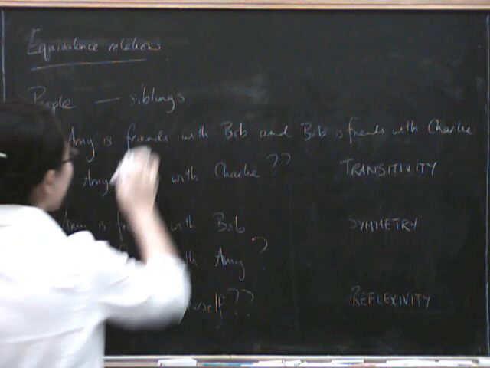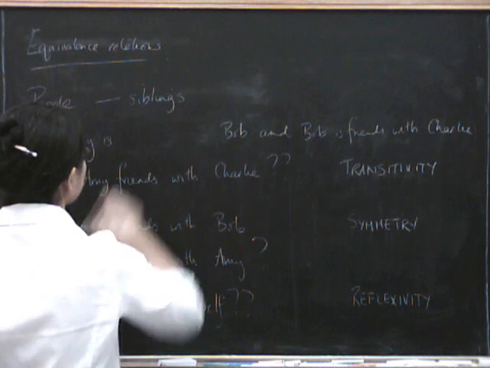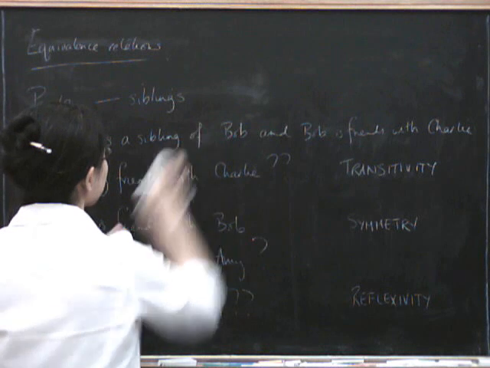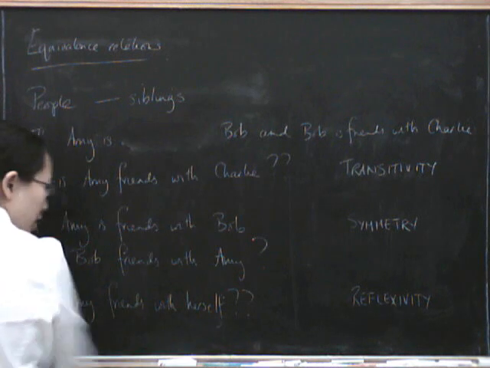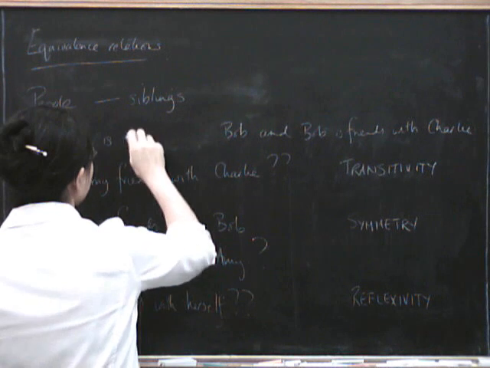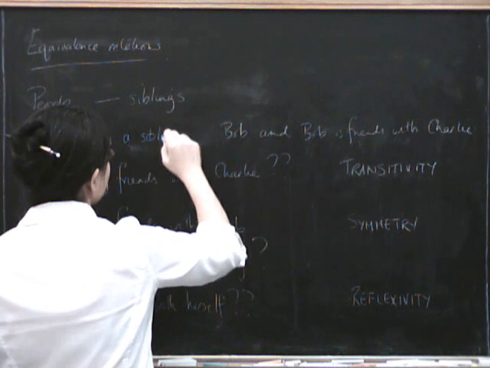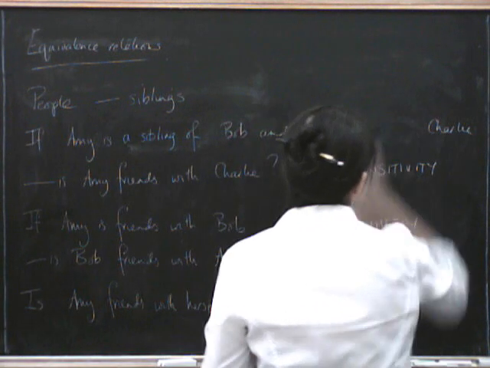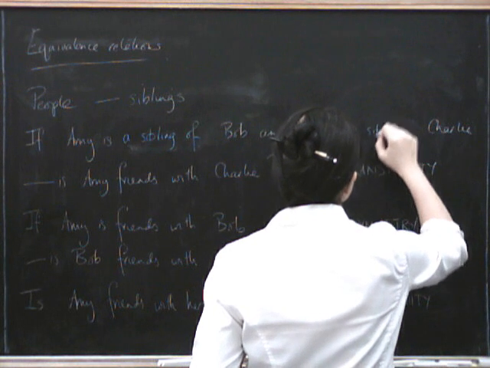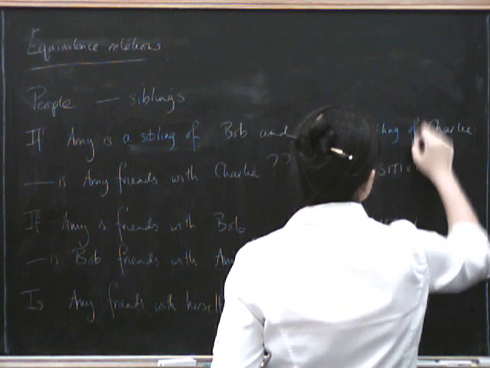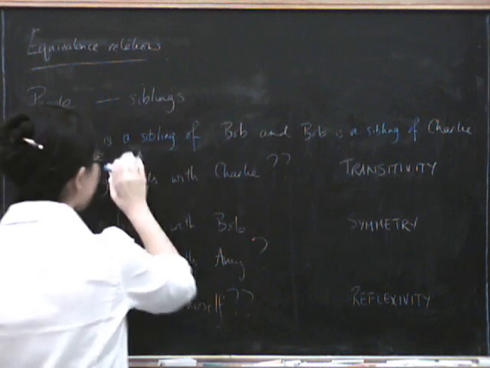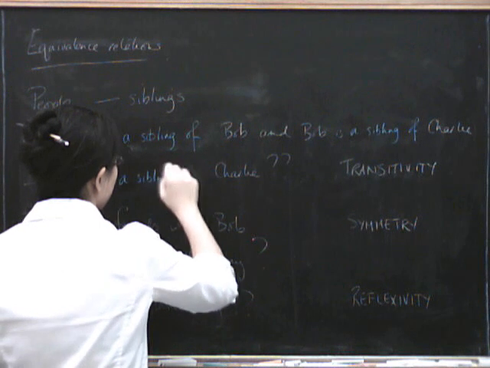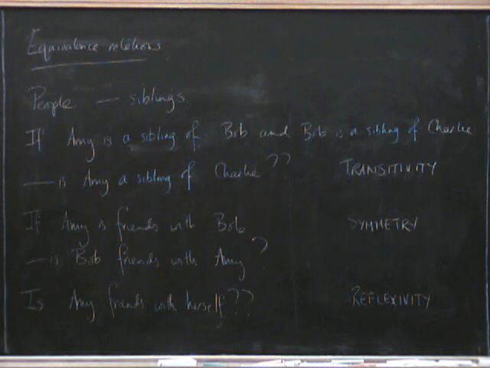Okay, so if Amy is a sibling of Bob, and Bob is a sibling of Charlie, is Amy a sibling of Charlie?